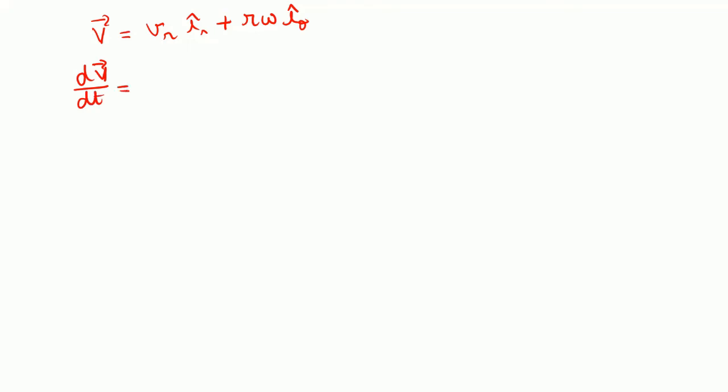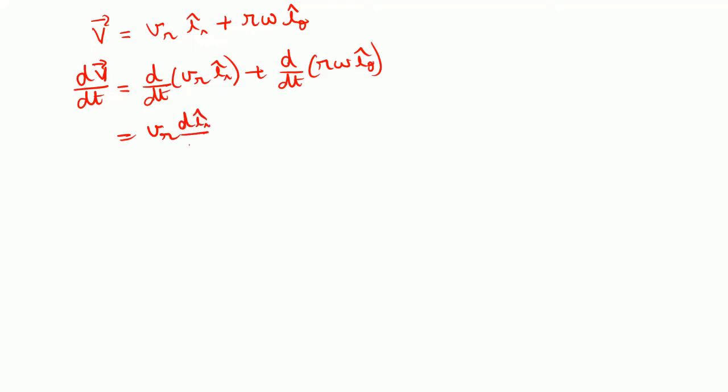So this can be d by dt of VR ER plus d by dt of R omega E theta. Now if I open this up, this would be VR into der by dt plus dVR by dt into ER, correct?